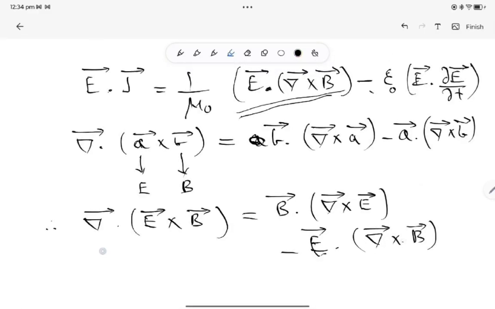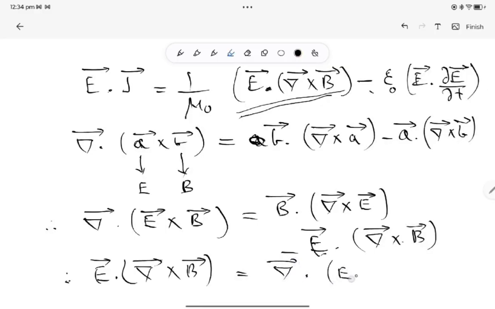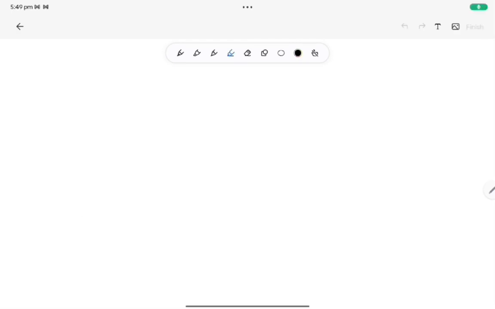We simply transpose this to this side and transpose this to that side. Therefore, we will have E dot del cross B is equal to del dot E cross B, plus, no plus, sorry, plus B dot del cross E. So the sign of the second term on the right hand side, we have written that wrongly as positive, it is negative.